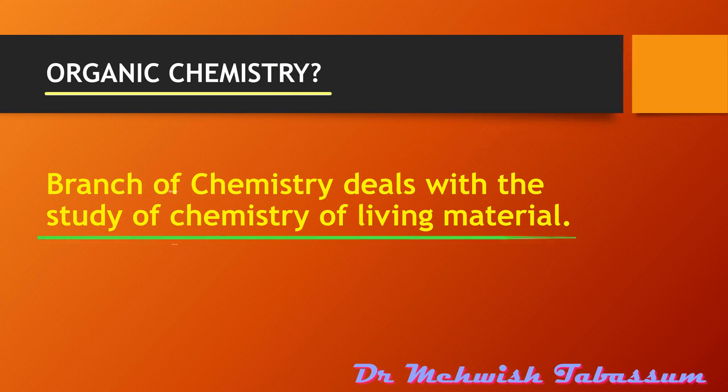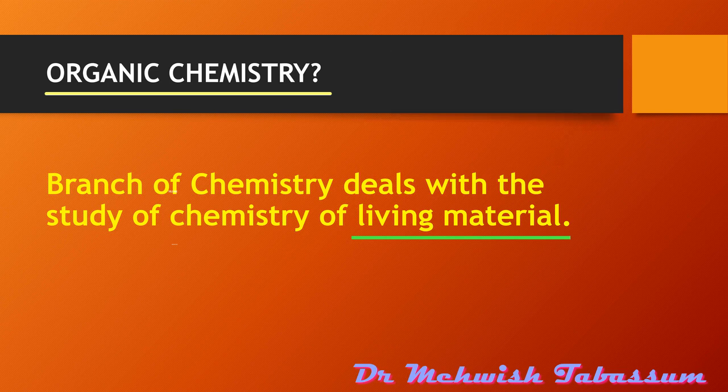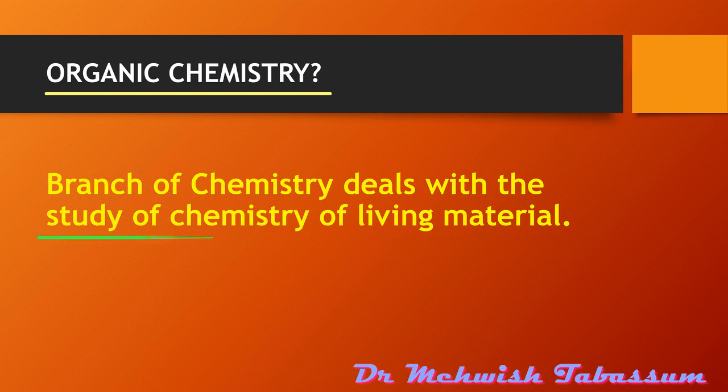Branch of chemistry deals with the study of chemistry of living material. Living material means it could either be animal or human beings. So everything that is living is concerned with the study of organic matter. So organic chemistry is what? The branch of chemistry deals with the study of chemistry of living material.